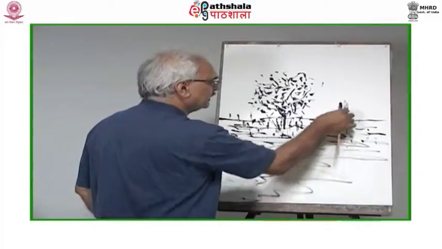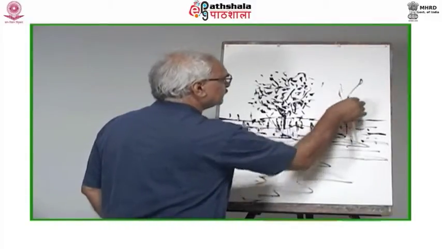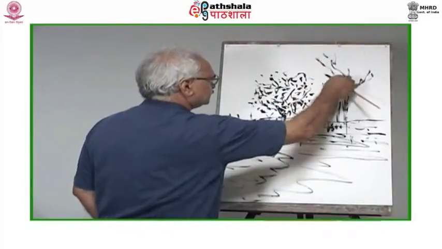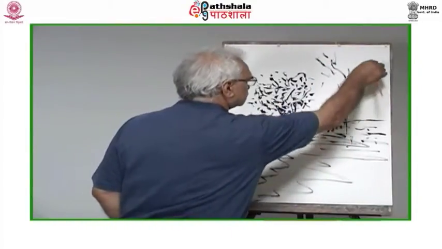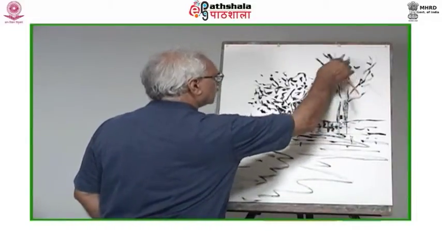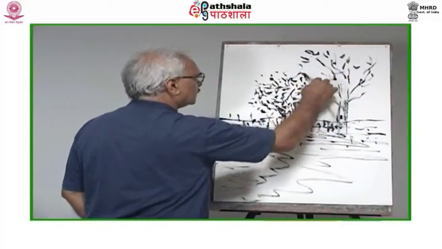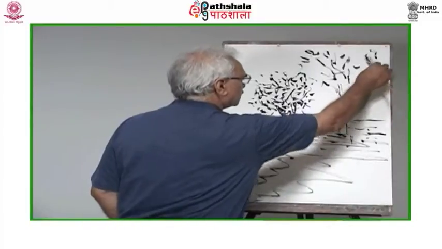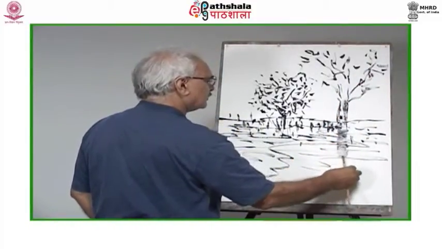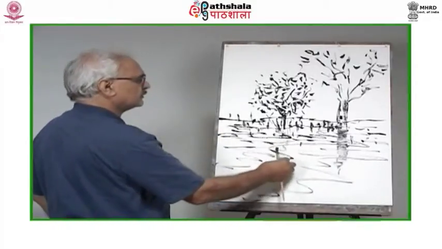Before I move behind to create another tree in the background, a single line here and then many branches shooting out.